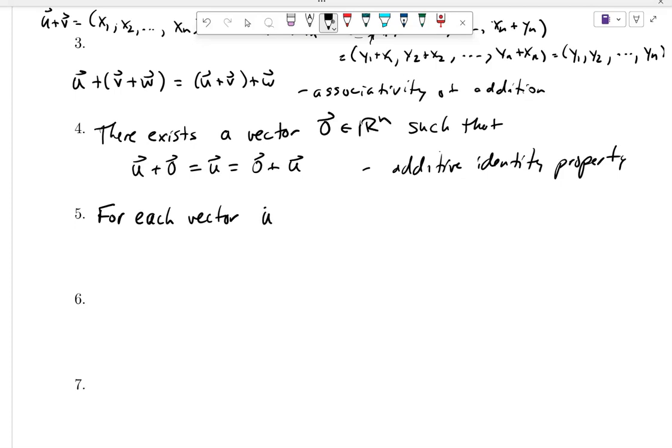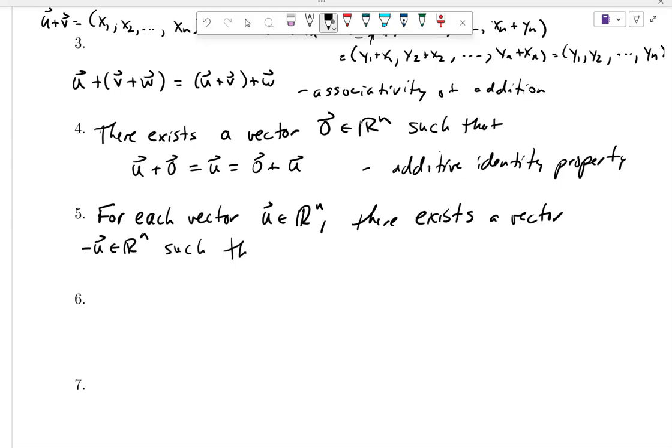vector u in Rn, there exists a vector we'll call -u, also in Rn, such that u plus -u is the same thing as -u plus u gives me back to 0 again.